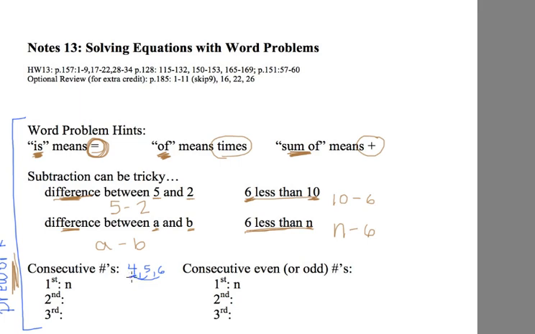So if you are calling your first number n, you would call your second number n plus 1. You would call your third number n plus 2.